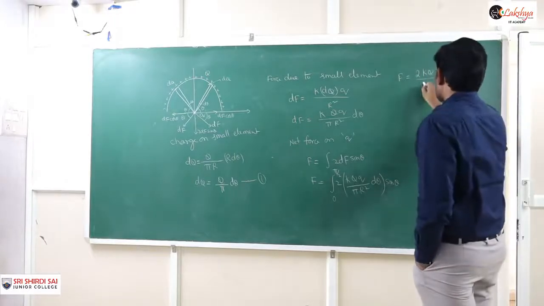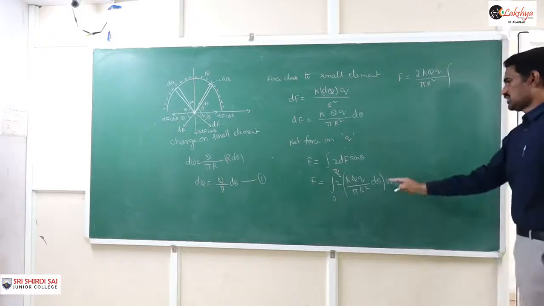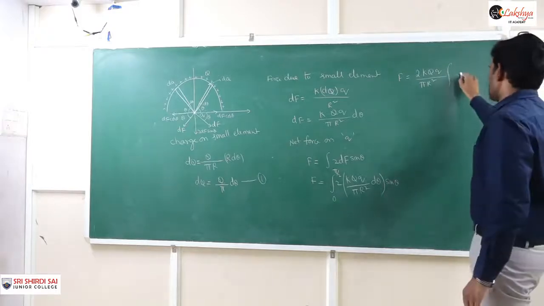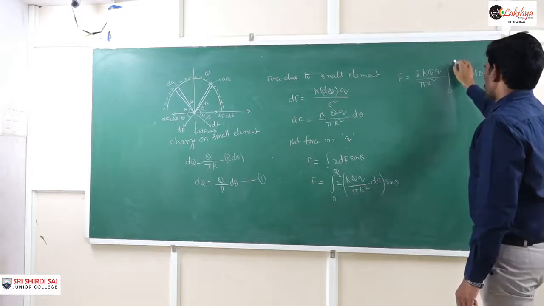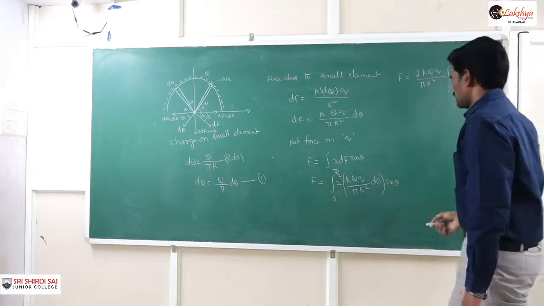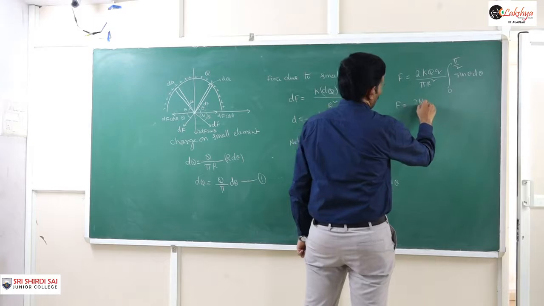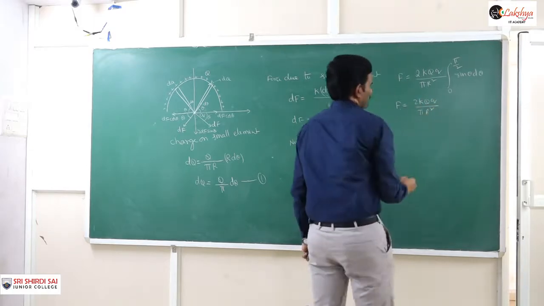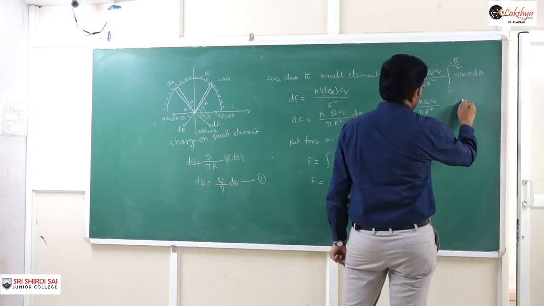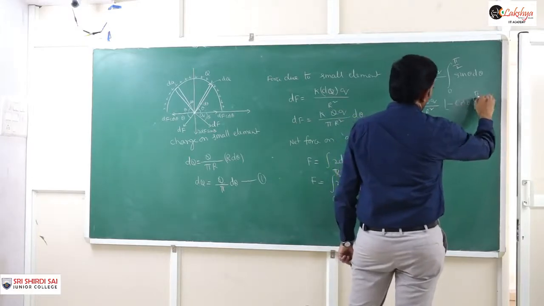This totally is a constant value, into the integral of sin theta d theta. So only sin theta is a variable here, from 0 to pi by 2. So we can do the integration here. Therefore F is equal to 2kQq by pi r square, and the integration of sin theta is minus cos theta, and the limits are from 0 to pi by 2.